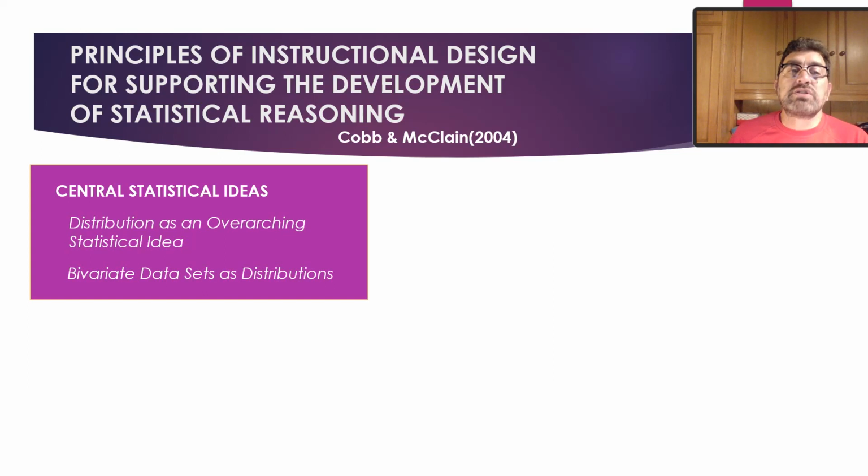That shows trend quite nicely. So the central ideas, such as distribution, can serve to orient the development of an instructional design in an activity that you want to take into the classroom as a teacher. Okay, but it must be centered around central statistical ideas that you want to work with.